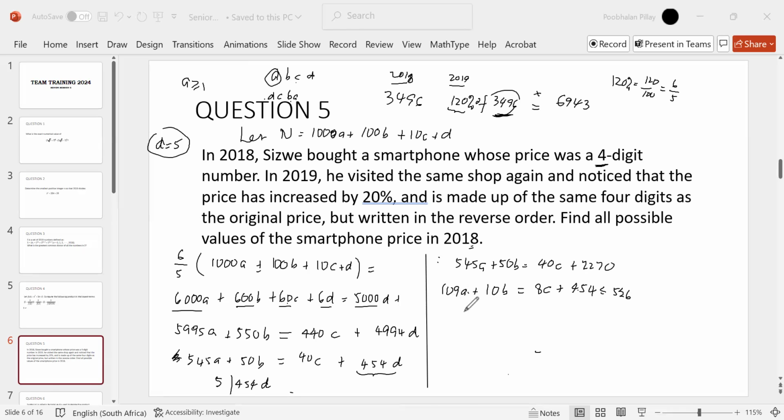Suppose you make A equal to 4, but what about A equals 3?